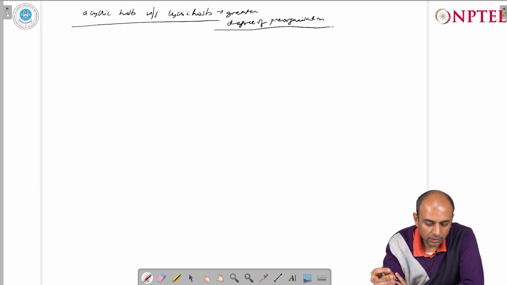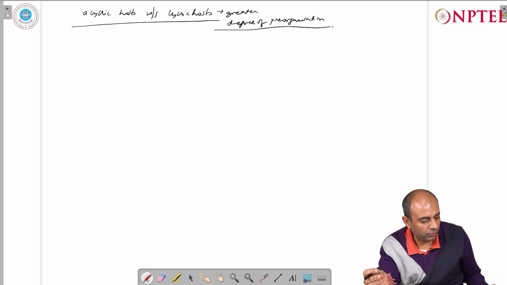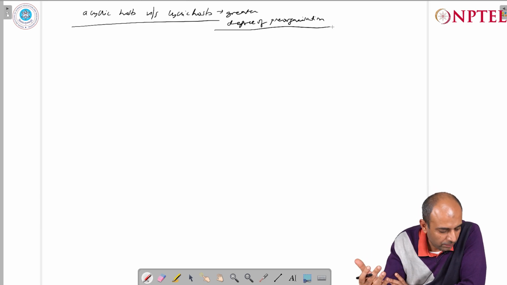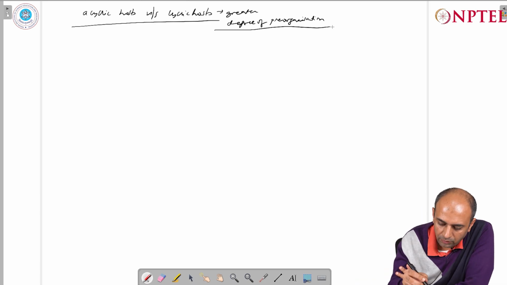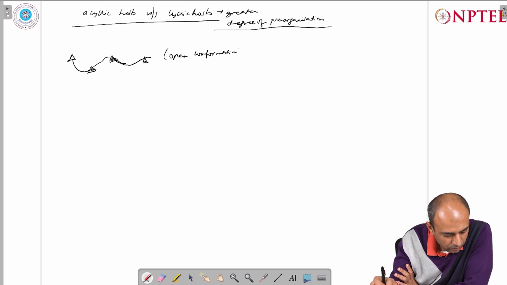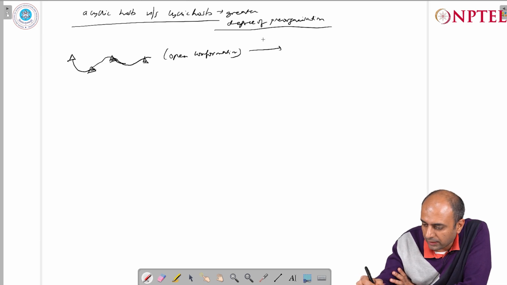So, let us now look at the different kinds of hosts which have been observed to amplify the stabilization of host guest complexes. The first one has an open conformation, and then you add in a guest molecule.